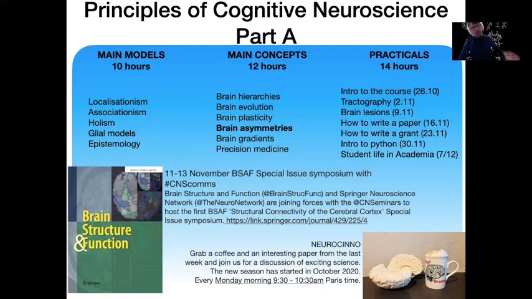As you may know, this course is divided in three parts. The first part is dedicated to main models, where I explain the vision of scientists on how the brain works according to their angle of observation. The second part is dedicated to main concepts, and those concepts characterize what defines a publishable result nowadays in cognitive neuroscience.